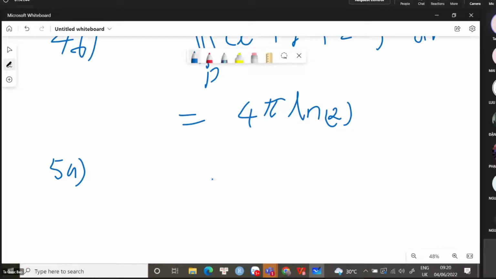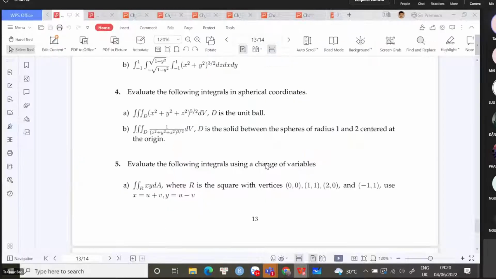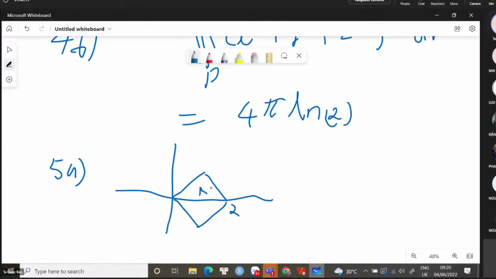So look here, the region R looks like this.